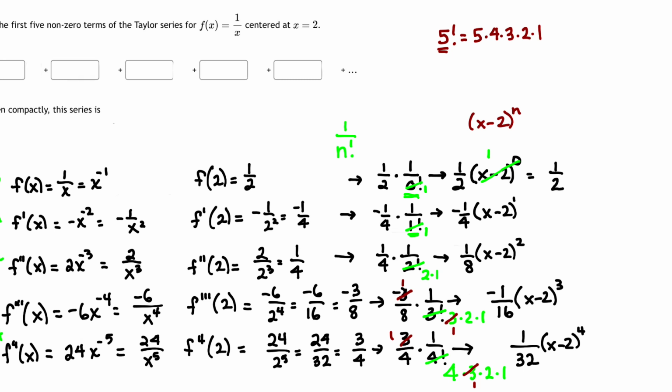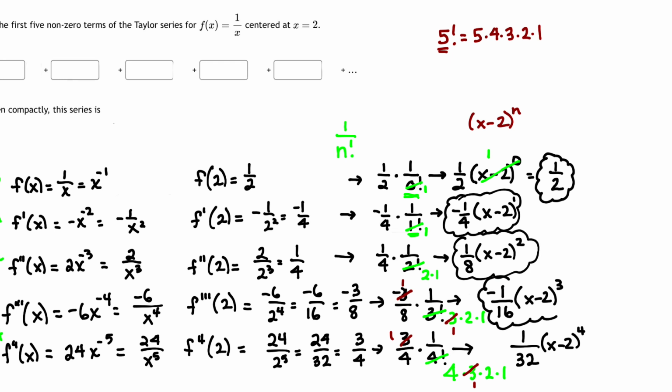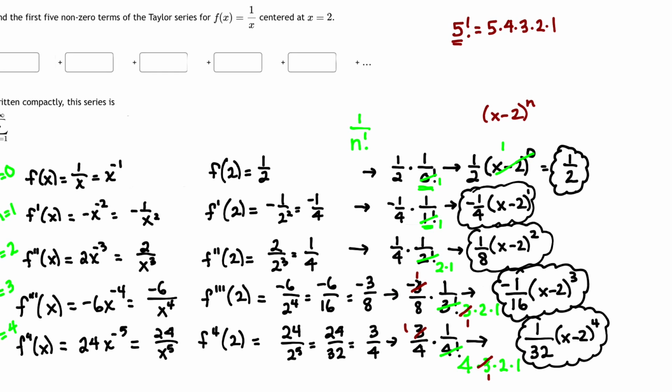Those are the pieces which we put all together to give us the first 5 non-zero terms in our Taylor series. 1/2, negative 1/4 times x minus 2 to the first, 1/8 times x minus 2 to the second, negative 1/16 times x minus 2 to the third, and 1/32 times x minus 2 to the fourth.